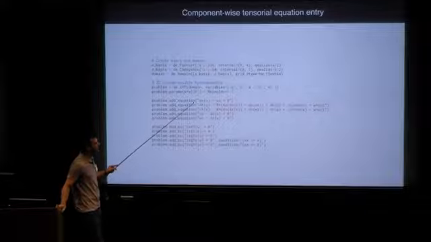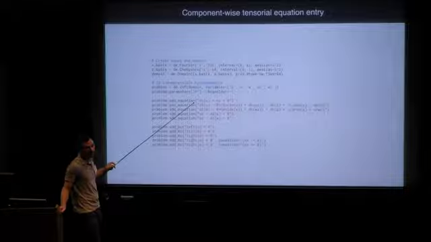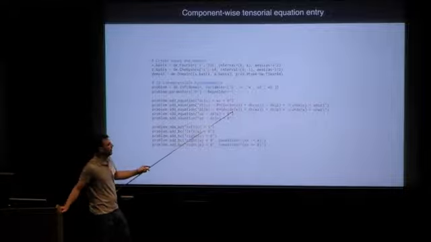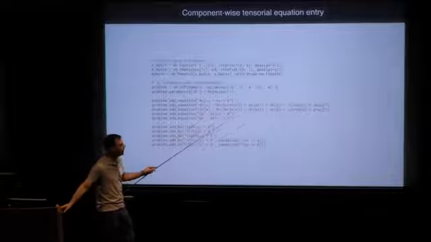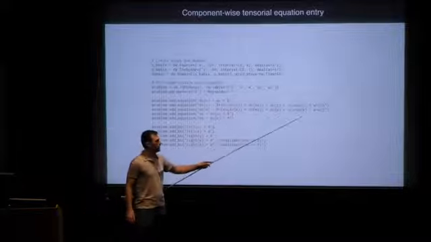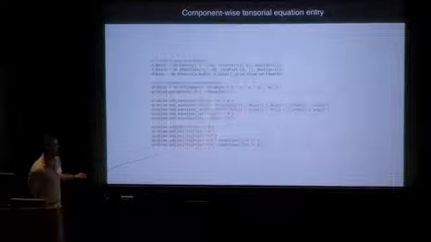This is incompressible Navier-Stokes, so you directly impose the incompressibility condition and the two momentum equations. We have dt u with linear terms on the left-hand side, the viscous term, which is minus r times the Laplacian of u, and the pressure gradient, then the advective terms on the right-hand side, and the boundary conditions down here.